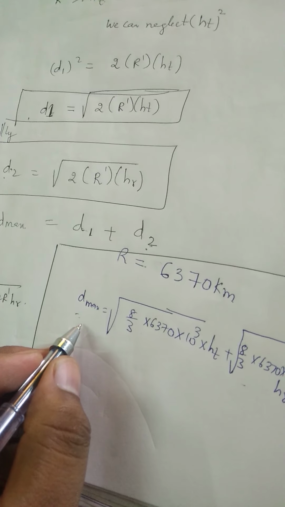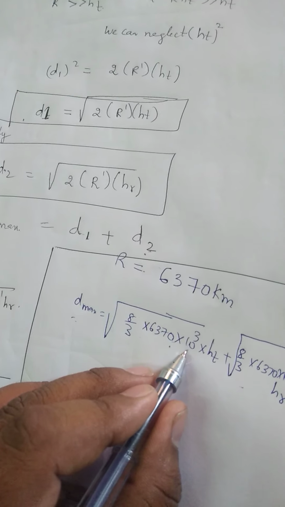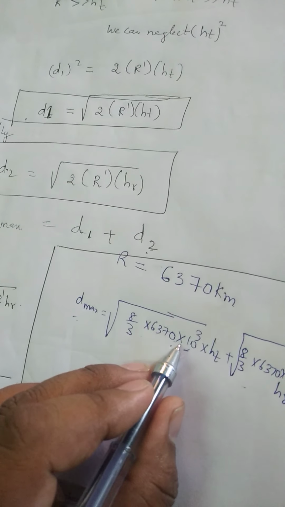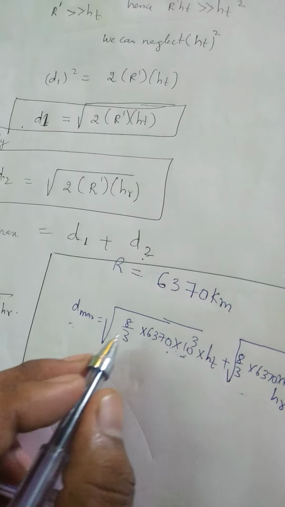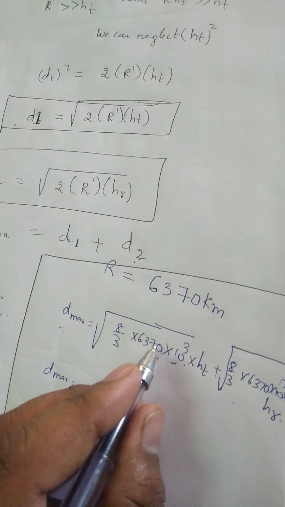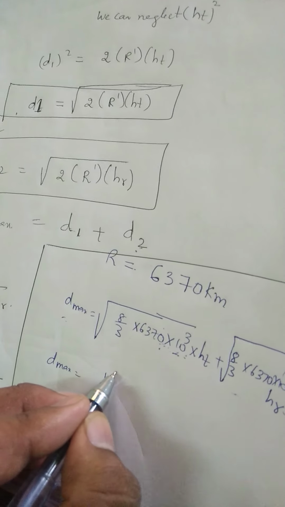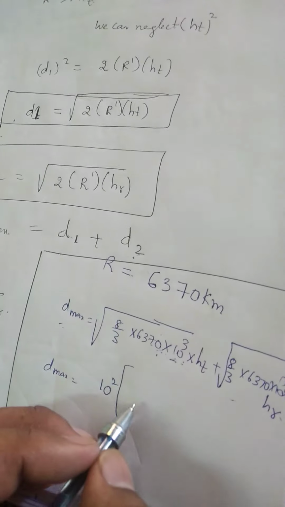So we can write 10 power 3 and this 0 will be 10 power 4. So this is 10 power 4. We can write without the root by taking the same outside the root. We can write d max is equal to 10 power 3 and 10 power 1 is 10 power 4, outside the root I can write as 10 power 2. So what is the left out term?